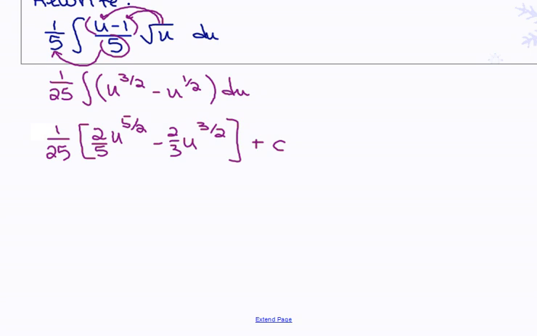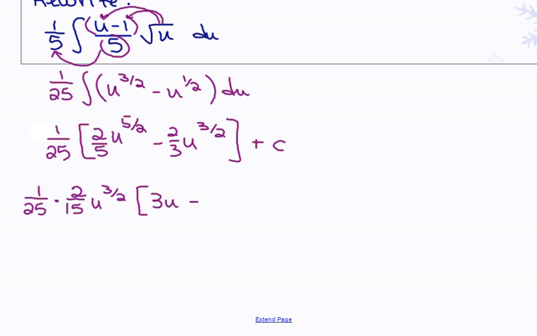Okay, so when you look at what you have inside of these brackets, you want to pull out the greatest common factor. So I have this 1/25 out front. If I pull out the greatest common factor, I can pull out a 2/15. And then for my u's, I can take out u to the 3/2. After I factored that out, left over from my first fraction, I end up being left with just a 3u.